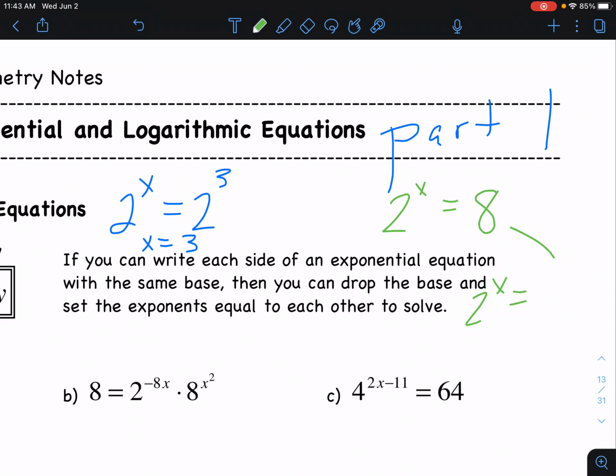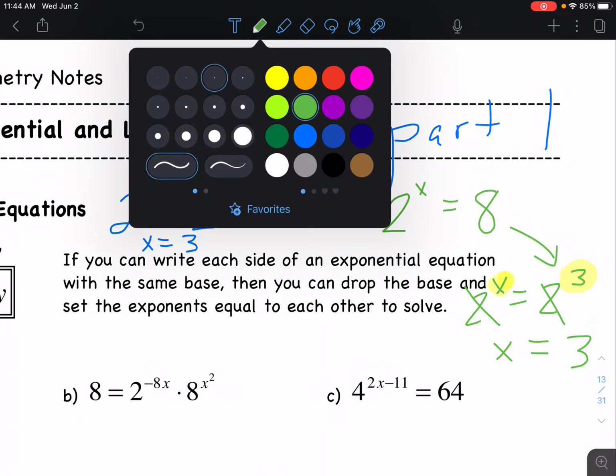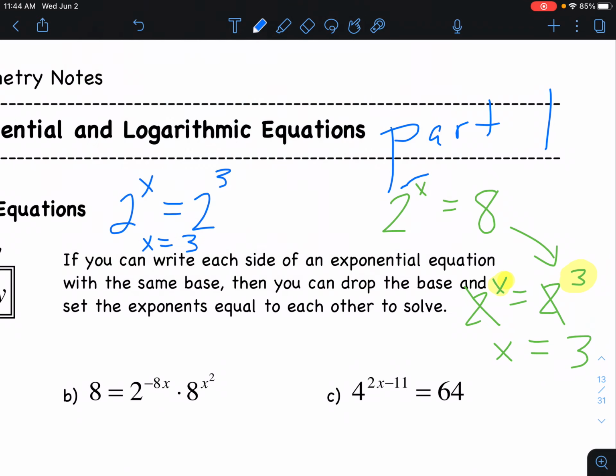What does 8 become to have a base of 2? Remember that 8 is the same thing as 2 times 2 times 2, which is 2 to the third power. Now that they have the same base, we can use the property that we just discussed. When they have the same base, the bases can drop out, and you just write x equals 3. So that's what we're going to be doing here today in 5.5 part 1.